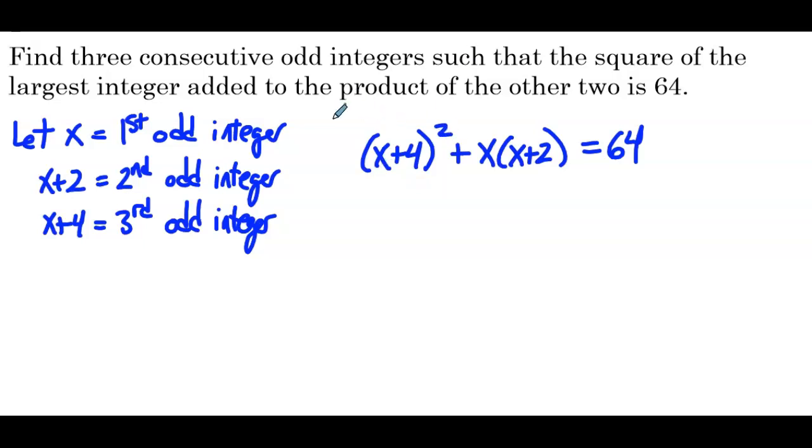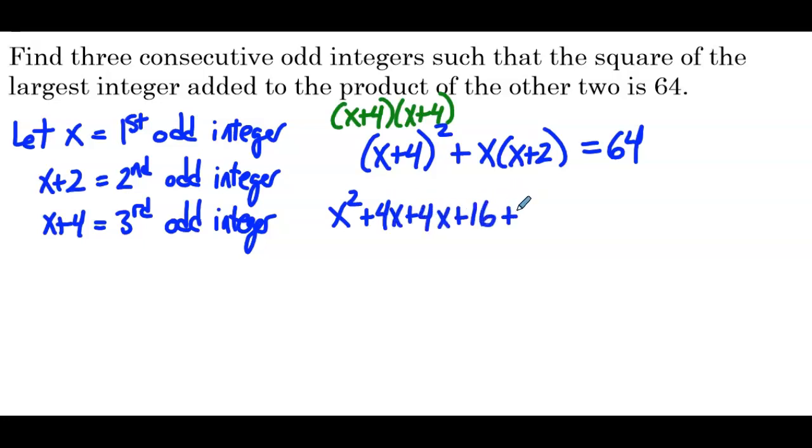So again, x plus 4 squared is x plus 4 times x plus 4. So we have x squared plus 4x plus 4x plus 16. Distributing the x, we have x squared plus 2x equals 64.